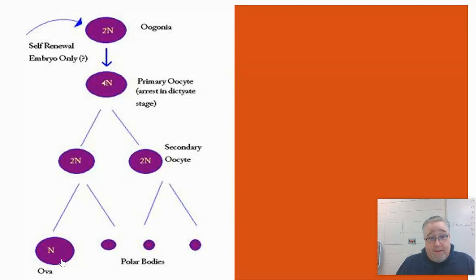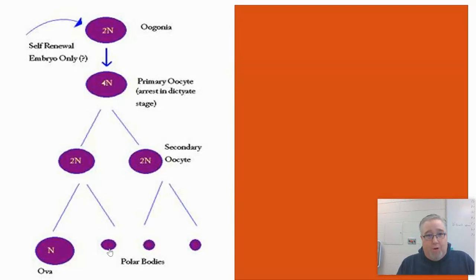Now, the other cell here that gets produced is called a polar body. You'll notice the size of it. It is much smaller. In fact, this cell is kind of sacrificed by the female body.